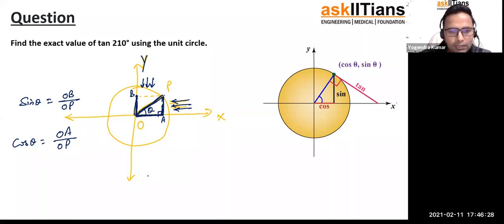So now let's see, if I need to calculate sine of 120 degree, what I'll do is take this radius to be, let me use a different color to explain this thing here.